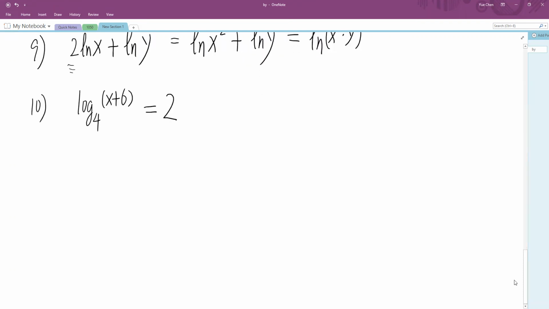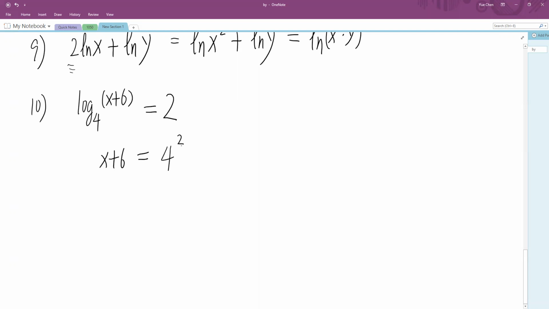So how to solve it? The idea is we can use the equivalent exponential equation form. So this one means x plus 6 is equal to what? The equivalent form. 4 squared, yes.